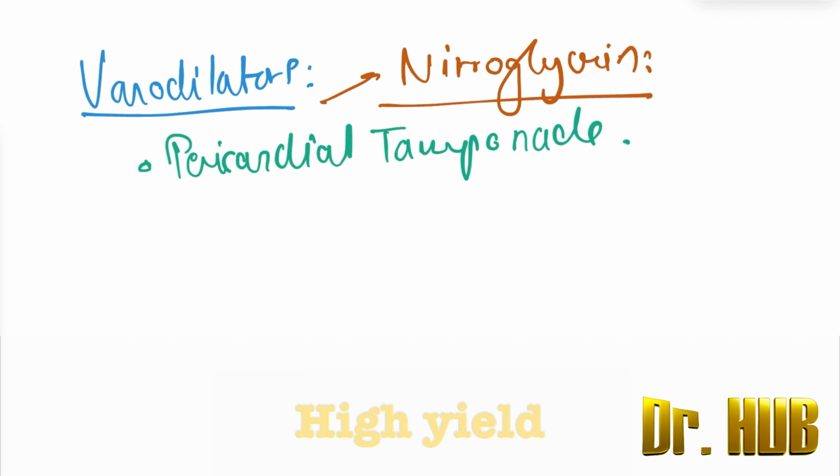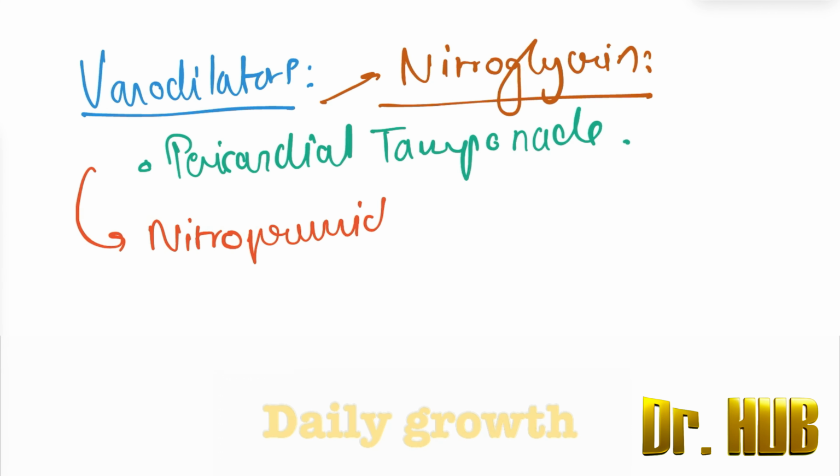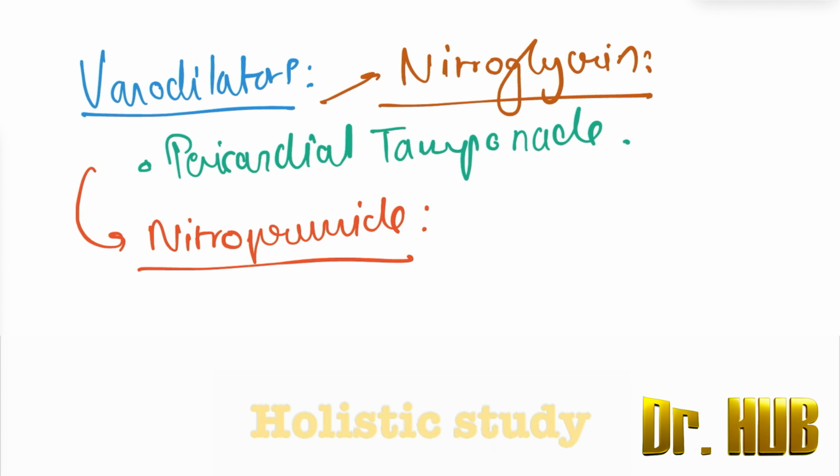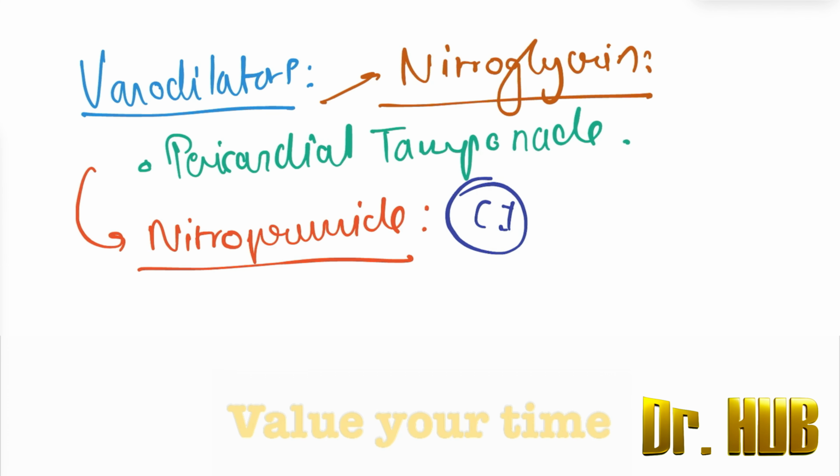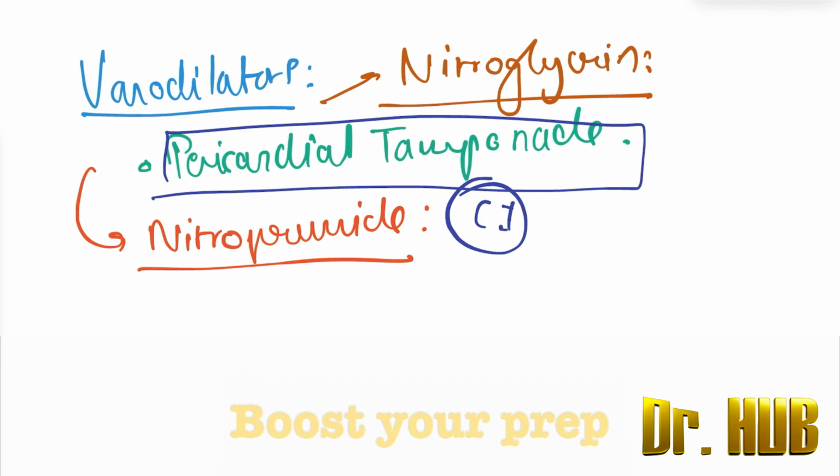Next comes the nitroprusside, which is relatively contraindicated. So here also the example we saw was nitroglycerin, and the contraindication here is the pericardial tamponade.